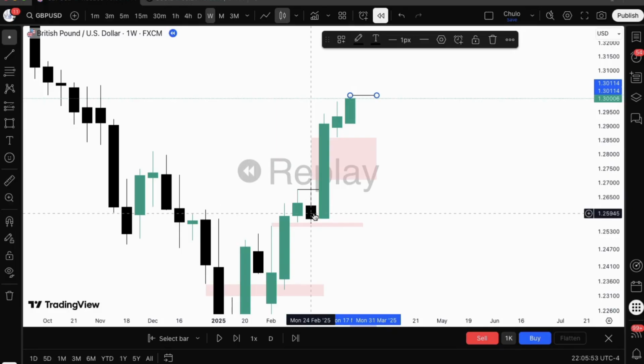So now this forms our fair value gap. A fair value gap consists of three candlesticks where candle one high does not overlap with candle three low.